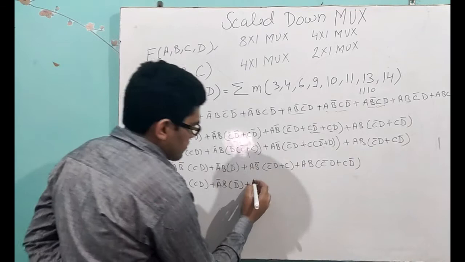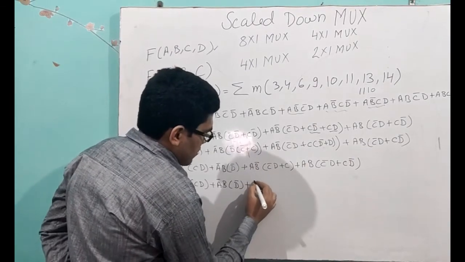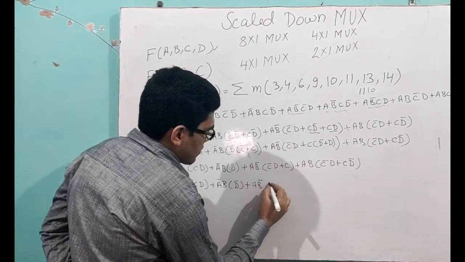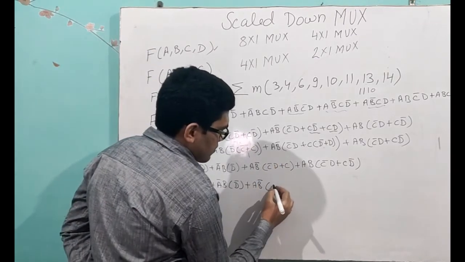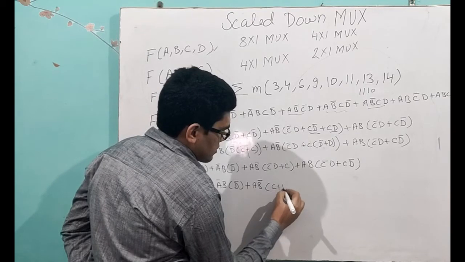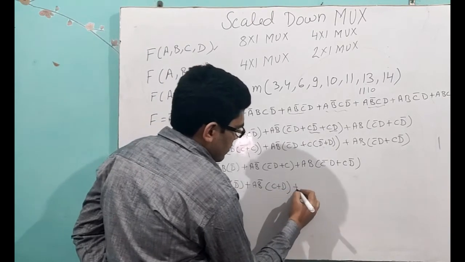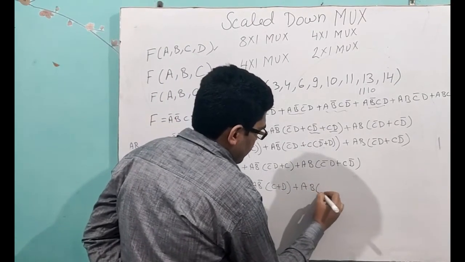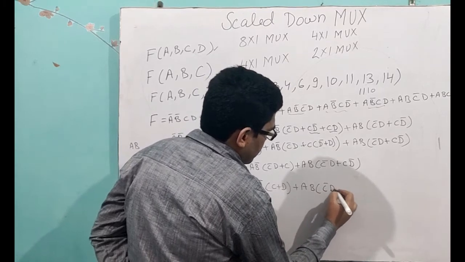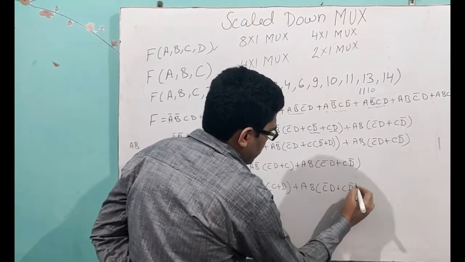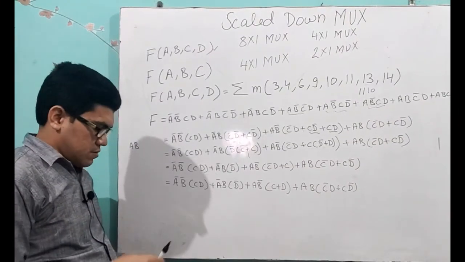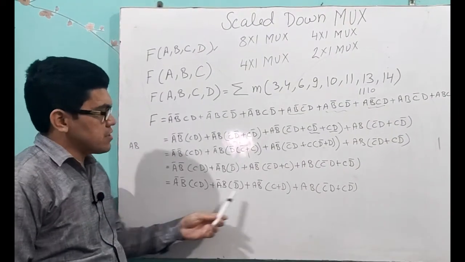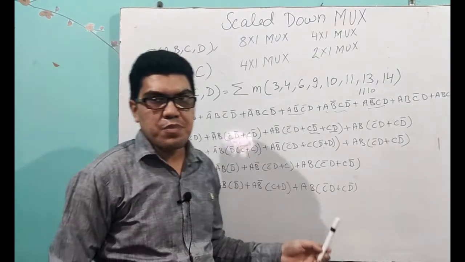So apply it on A B bar, and it will be C plus D, plus AB C bar D plus CD bar. So this is the final expression that we get after solving.